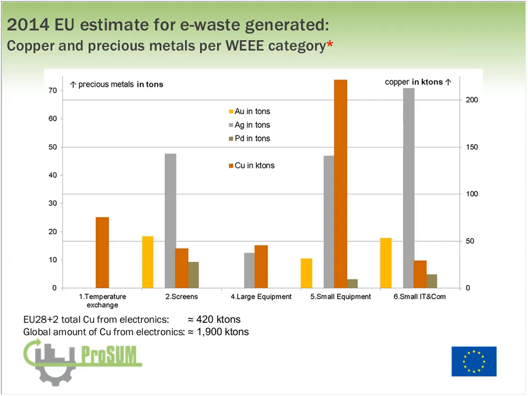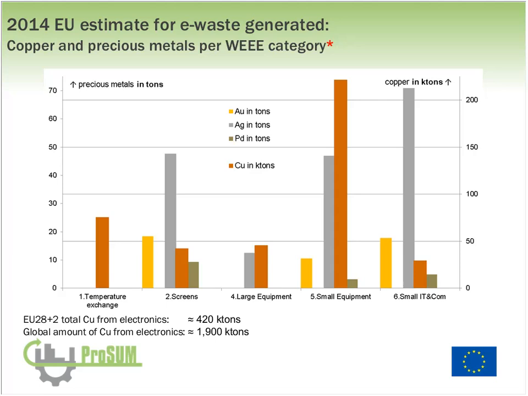Here's just a kind of a sneak preview of what we were able to do for 4 elements at this point in time for Europe. We have looked at the presence of copper, but also gold, silver, and palladium in e-waste. These 3 precious metals are on the left-hand axis.